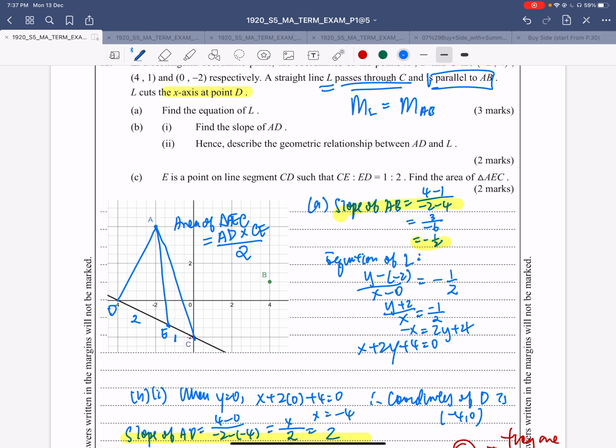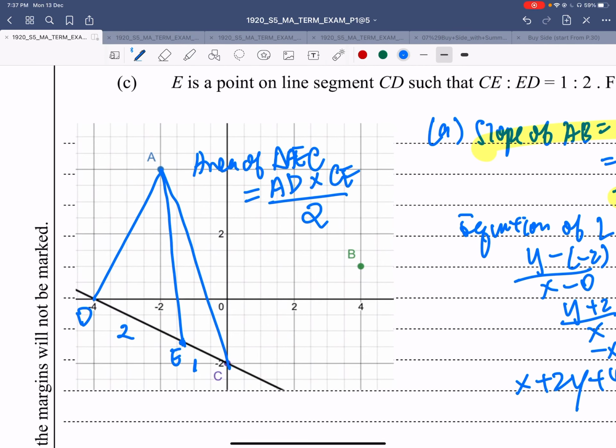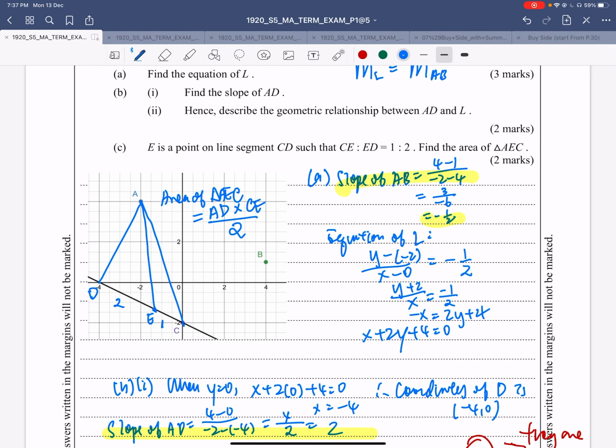Because the ratio of CE to ED is 1 over 2, I can also tell that the area of triangle ADE to the area of triangle AEC is also 1 over 2, because this one is just the base times the height divided by 2, and AEC is also just the EC times the height divided by 2.